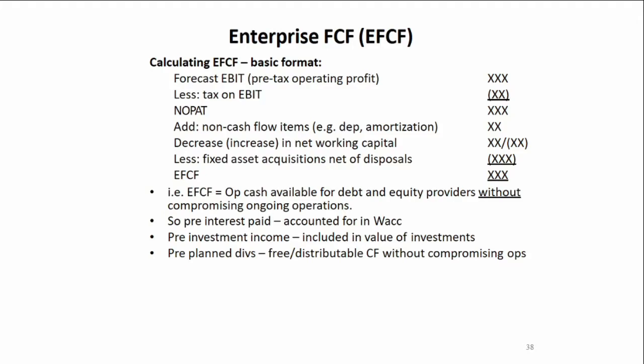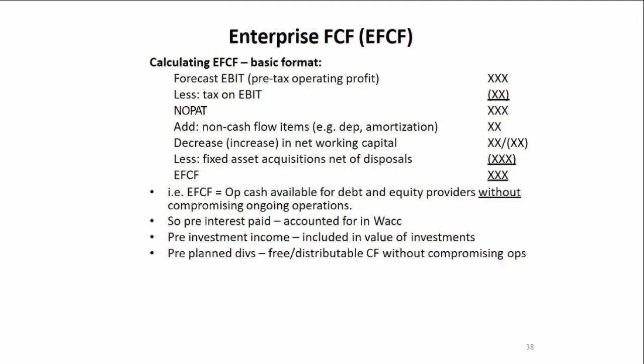So you need to calculate the changes or movements in your net working capital balance year on year to determine whether your movements in working capital are cash inflows and outflows, and these need to be taken into account in your enterprise free cash flow.